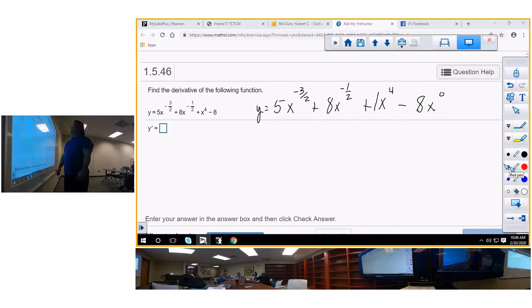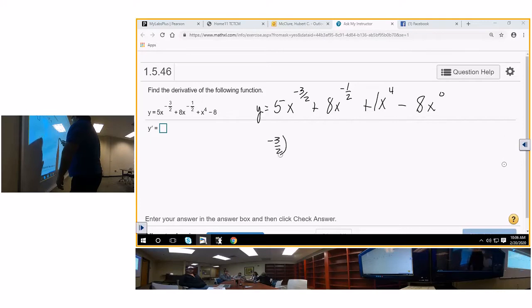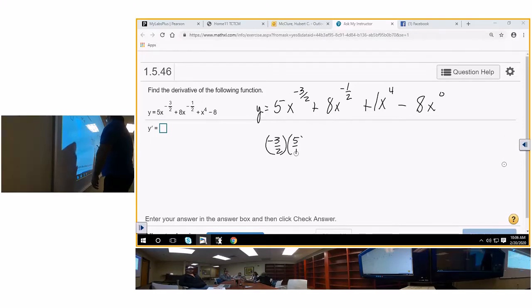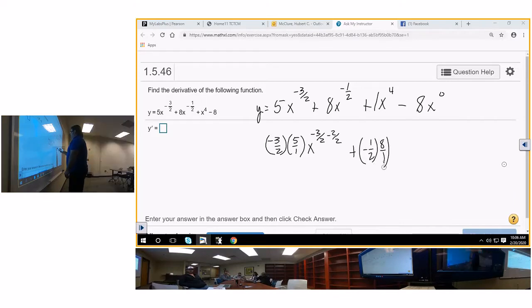So let's go ahead and work this problem. I'm going to write everything out for you. So negative 3/2 times 5 over 1 x to the negative 3/2 minus 2/2 plus negative 1/2 times 8 over 1 x to the negative 1/2 minus 2/2 plus 4 times 1 x to the 4 minus 1 minus 8 times 0 x to the 0 minus 1.